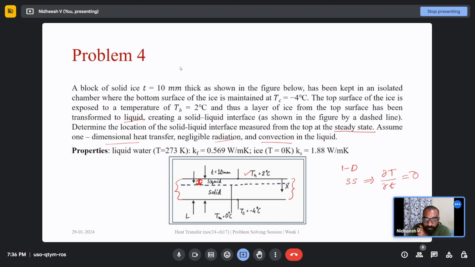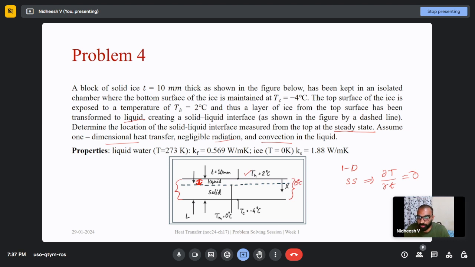Sir, if we apply the heat flux equation between -4 to 0 and then -4 to 2, if you are equating, is it possible to find the unknown thickness, sir? Yes, you are correct. It is possible. This interface, as you rightly pointed out, would be at 0 degrees Celsius, right?